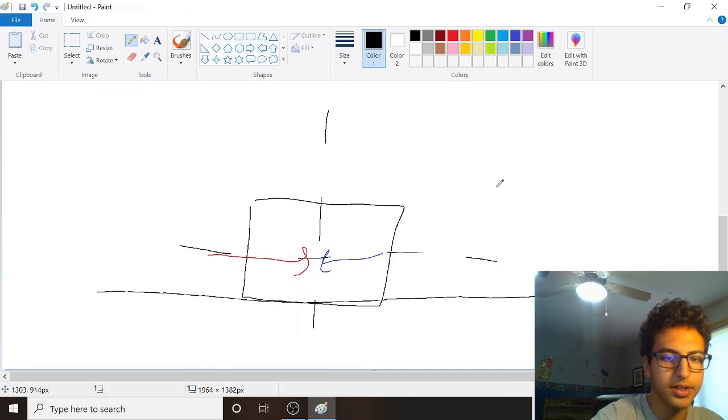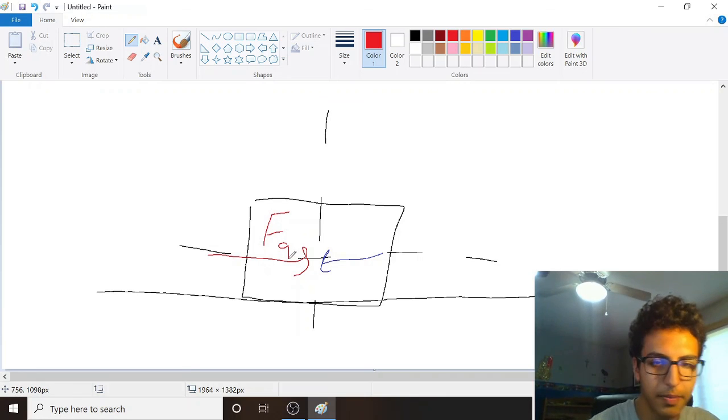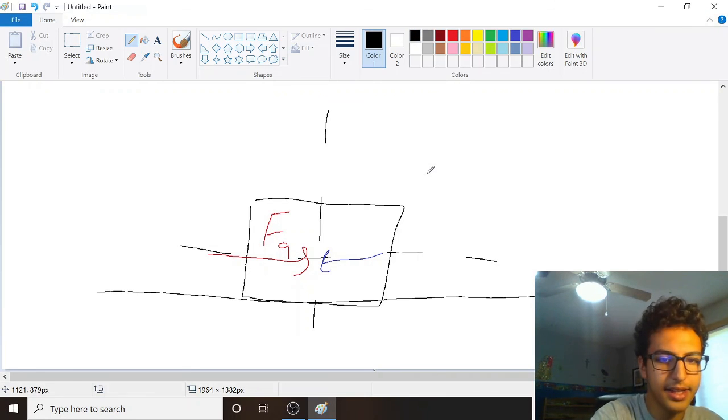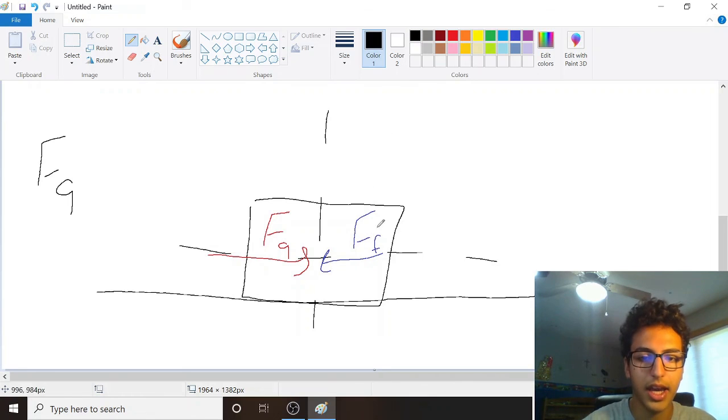I apply a force. We'll call this force F applied. Okay? And as the applied force goes up, so does the frictional force. Okay? But what do you know about the frictional force? If I don't apply an applied force, there won't be a frictional force.